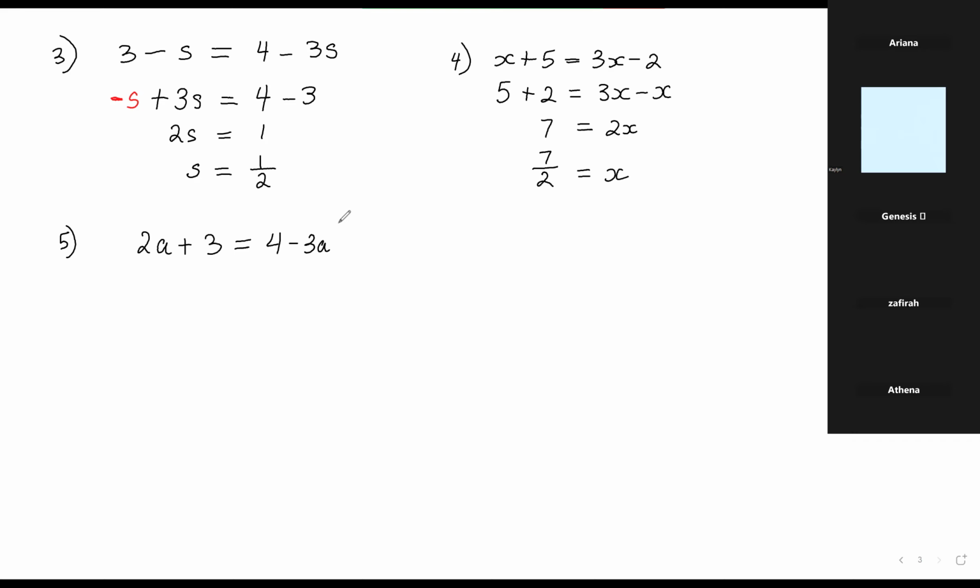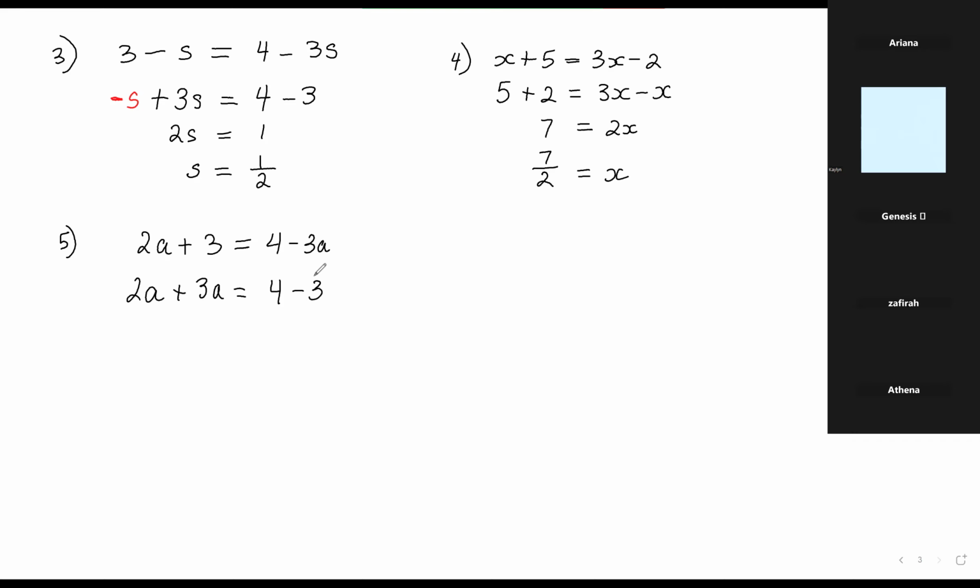The 3a will go under the 2a side. So we'll bring down 2a. And if I move 3a to this side, would it be plus or minus? Plus. Yes, it would be plus. And then the next side of the equation will have 4 plus or minus 3? Minus. Yes, it will be minus.